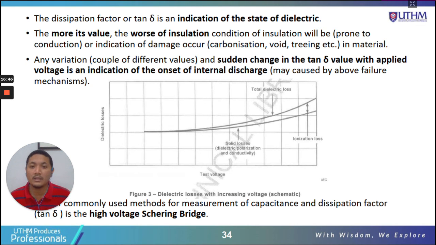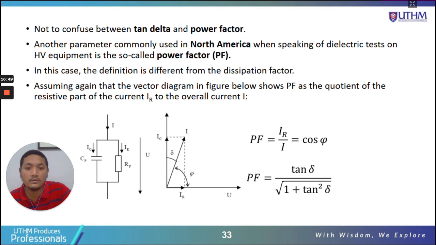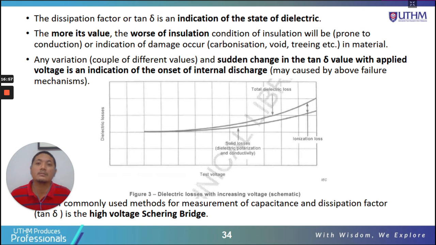With a large tan delta value, the current moves towards here and the loss is bigger, so the insulation condition is worse. It is prone to conduction, meaning it has more leakage current. It also indicates that damage has occurred, such as carbonization, voids in the insulation, and electrical treeing. These are indications when we obtain a high tan delta value.